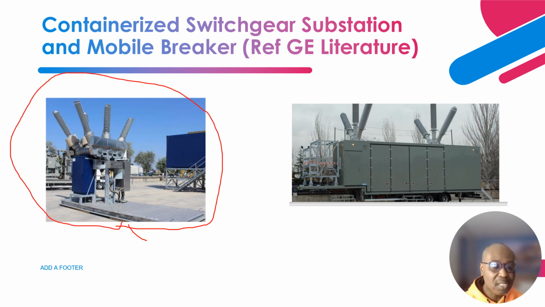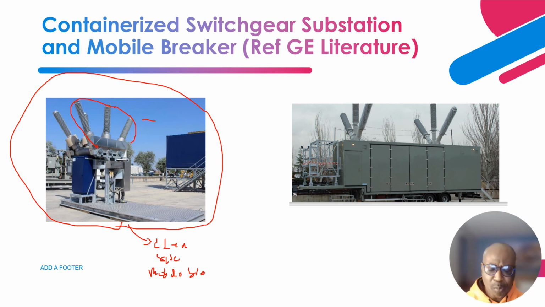So this one is a high side mobile breaker that you can integrate to the high side of a mobile transformer. Okay, so as you can see over here, you have 3 line side and going side.